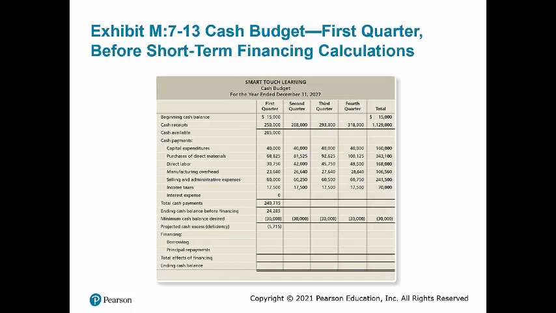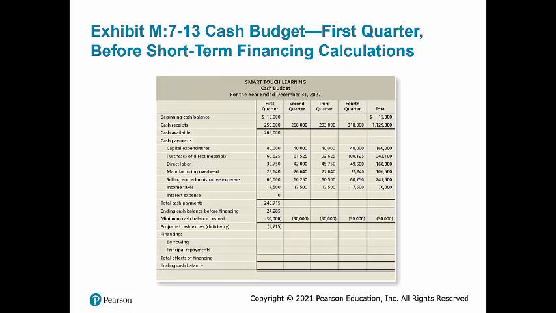So we see at the top of the budget the beginning cash balance of $15,000. That would have come from the actual balance sheet for December 31st, 2026. Then we are going to add to that our cash receipts that we calculated in the schedule of cash receipts.